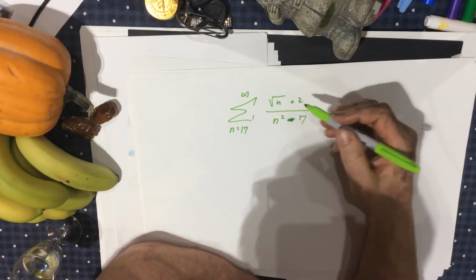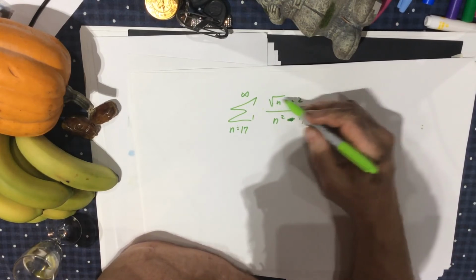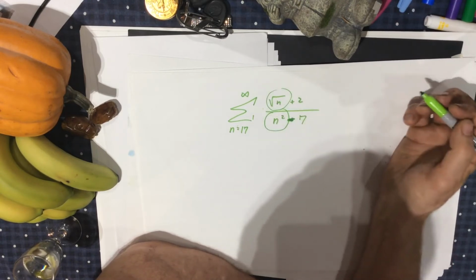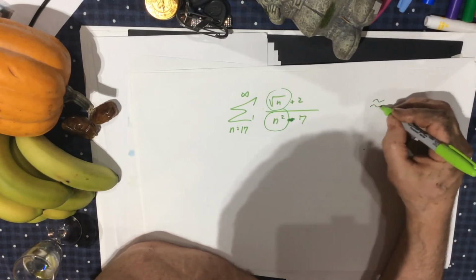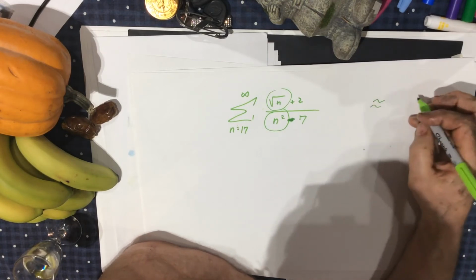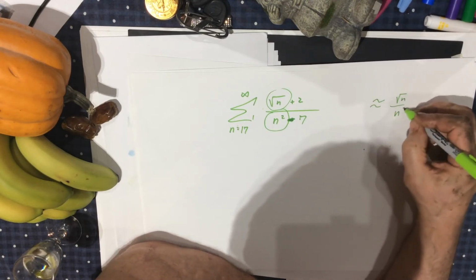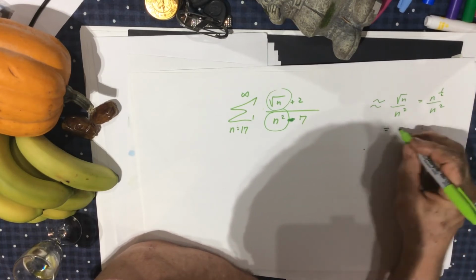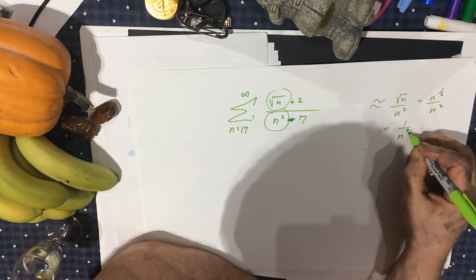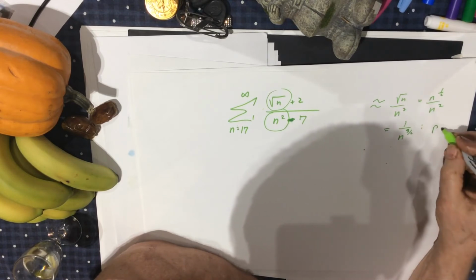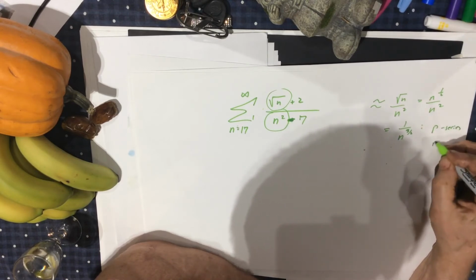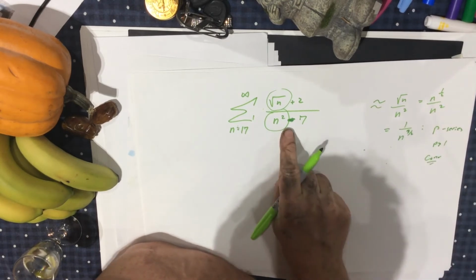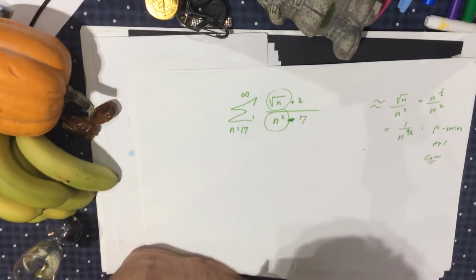You put in 10,000, this is 102. This is the dominant term in the top, and this is the dominant term in the bottom. So we'll often say it is like, or approximately, root n over n squared, which is n to the 1/2 over n squared, which is 1 over n to the 3/2, and that's a p series, p bigger than 1, which is convergent. So this should be easily comparable to that.